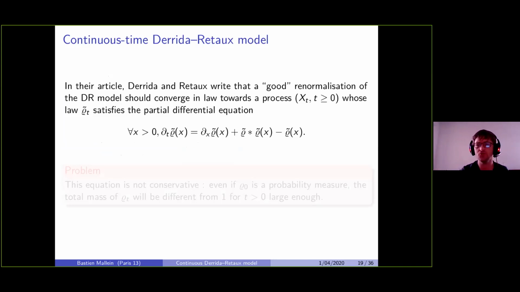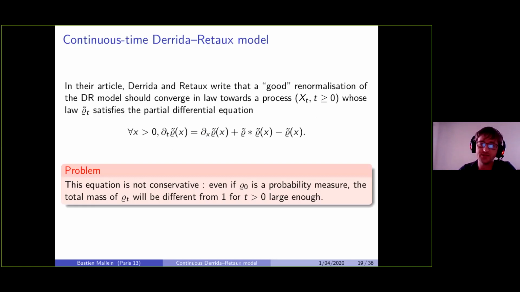So if you were to scale time in a nice fashion, scale space in a nice fashion, there is a good renormalization, and it is a process Xt whose law satisfies the derivative in time of rho is equal to the derivative in space of rho plus the convolution of rho with itself minus rho.